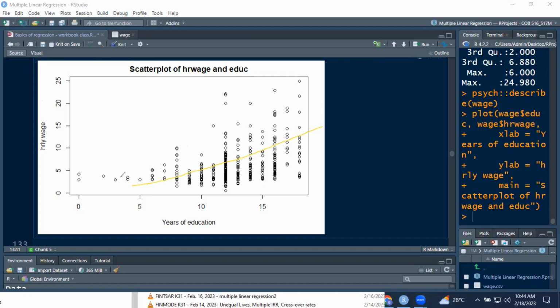Although hindi masyado, no? So we can say that there seems to be a sort of a linear relationship between hourly wage and education. We would want our y, our dependent variable, and our x, our independent variable, to be highly correlated. Okay, pero ganito, we'll still use this. Tingnan natin kung what will happen.